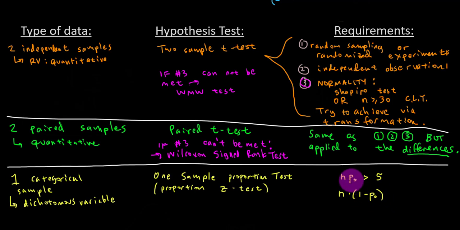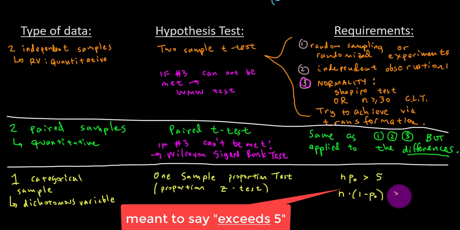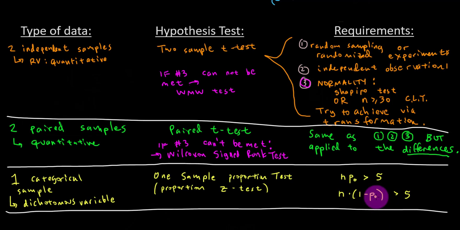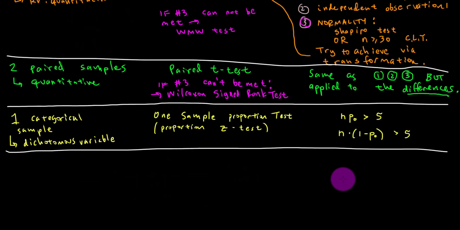That's n times p and n times 1 minus p are at least 5. And by p, here I've got a little subscript on there. That's actually the value of the proportion in the null hypothesis. So that one's pretty quick there.